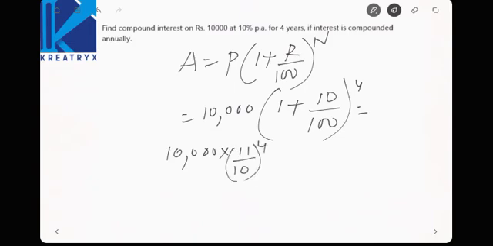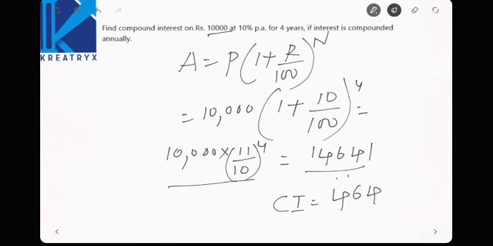Now upon simplification, what will we get? The amount will be 14,641. Now what is the compound interest? If you subtract 10,000, then CI will be equal to 4641. So that is the compound interest.